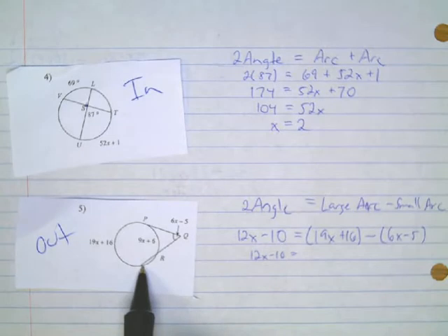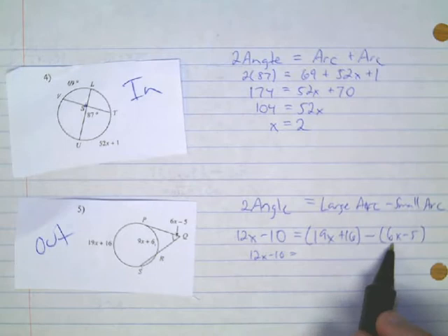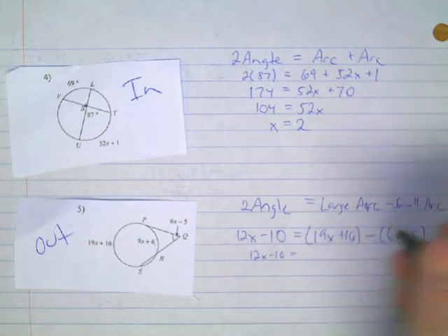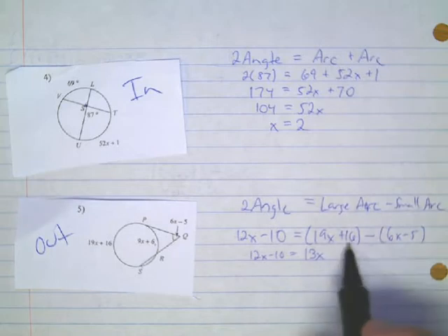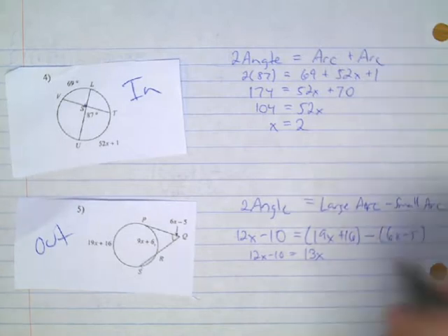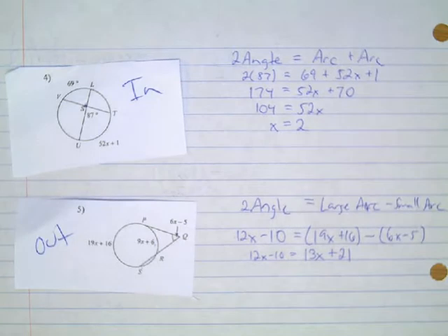The one closest to the angle is always the smallest. Was that your question, Sam? Yeah. Okay. 19 minus 6 is what? 13x. 16 minus negative 5 is a positive 21. Two negatives make a positive.